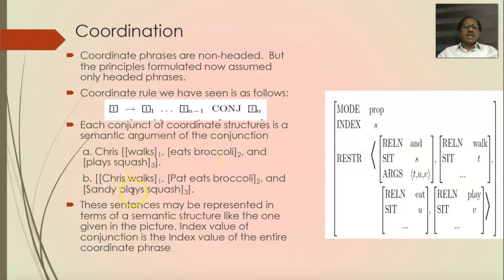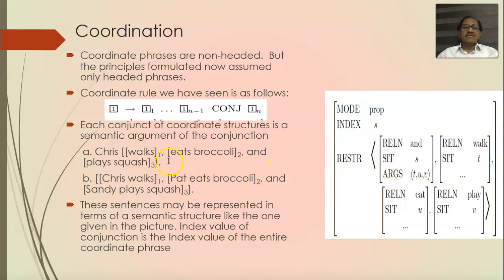Right? So now these sentences may be represented in terms of a semantic structure like the one in the given picture here. How? Look at this entire coordinate sentence or the entire verb phrase here. It has mode proposition, and that will have index value S. And it has restrictions, right? By the semantic compositionality principle, all the restriction values of the daughter nodes are put together or summed up for the restriction value of the mother node.